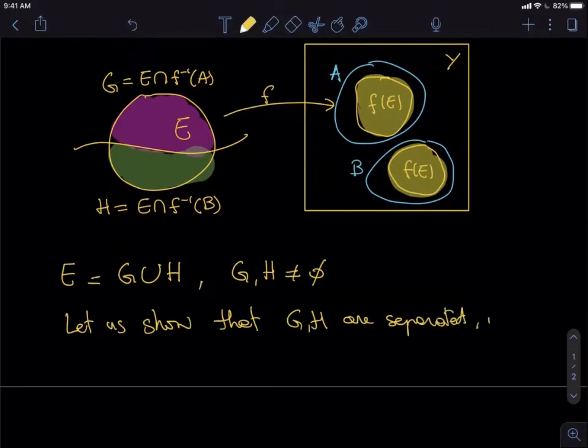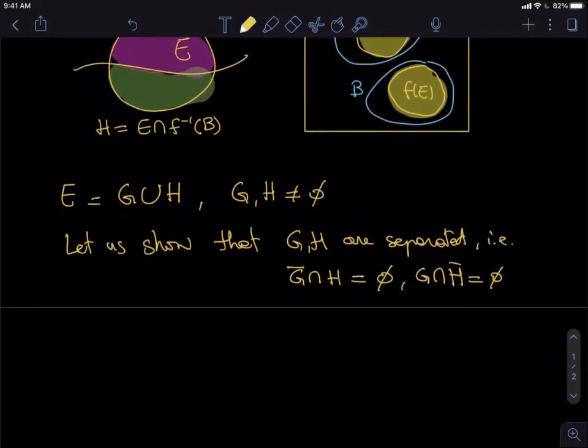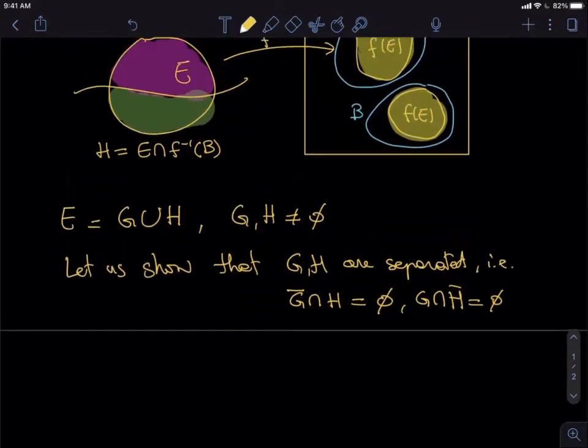Again, that means that the intersection of the closure of G with H is empty, and the intersection of G with the closure of H is also empty. If we are able to do this, then we have our contradiction, because this would mean that E is not connected, but by assumption it is. So that's the core of the proof.